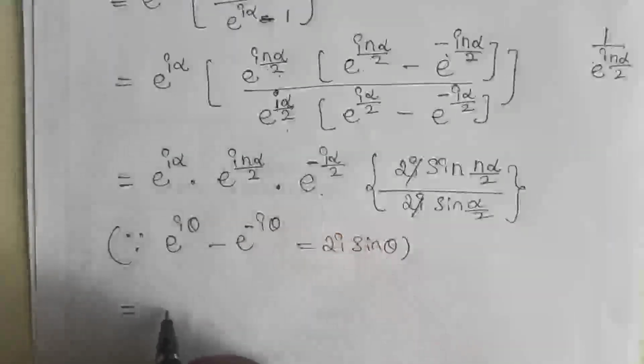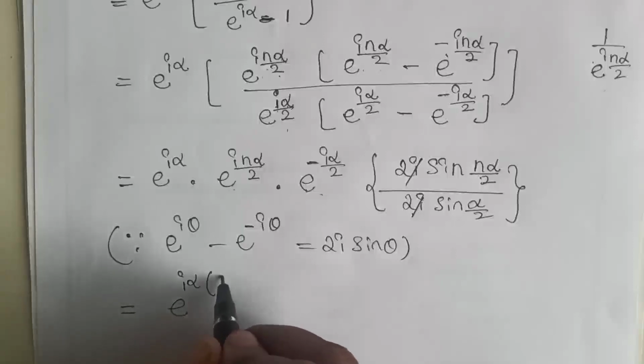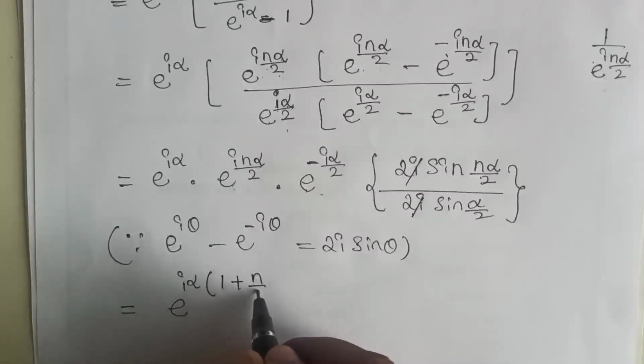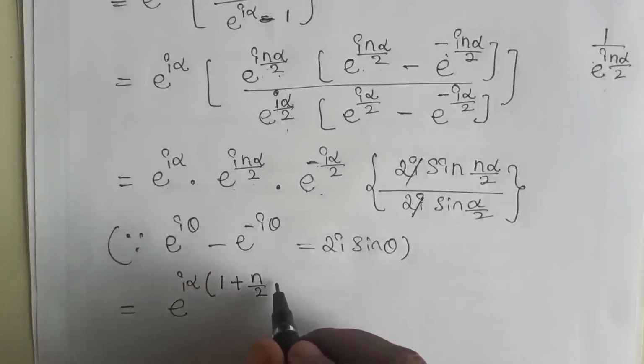On adding powers we get e power i alpha taken common, 1 plus n by 2 minus 1 by 2.